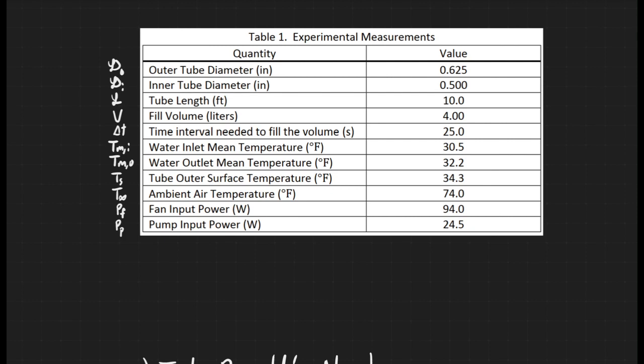We use all these values, and first up we'll find the Reynolds number, and then we will find the internal convection coefficient, the external convection coefficient, and then we will find the heat transfer rate, so how much heat our air conditioner is pulling from the outside, and the coefficient of performance.